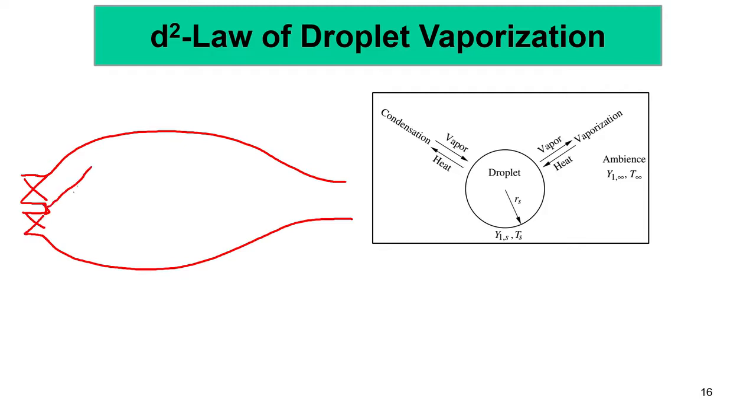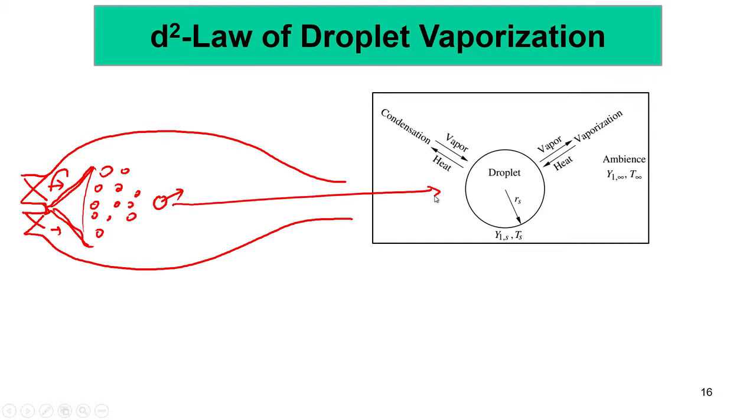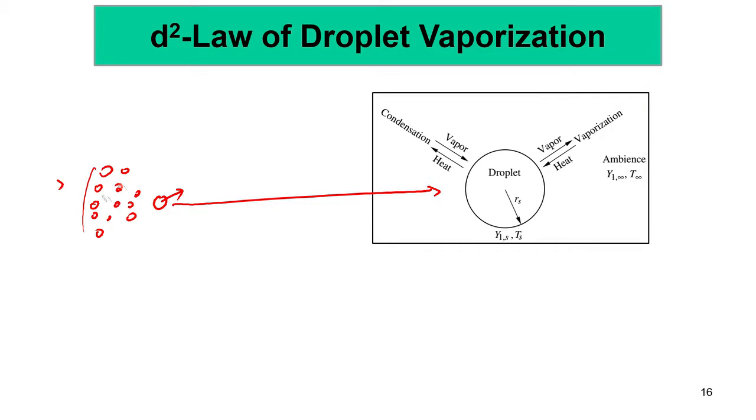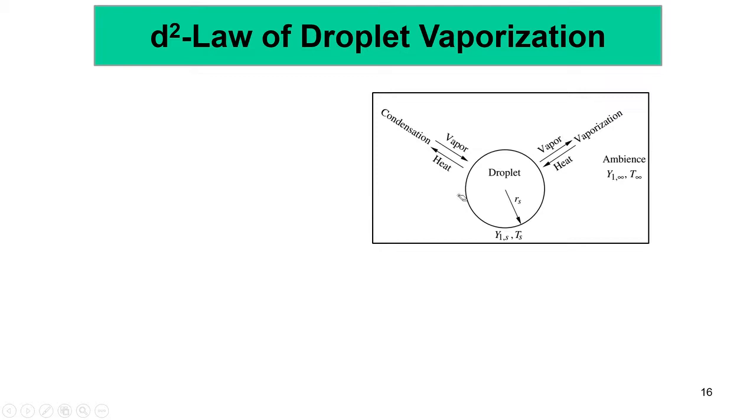So, your liquid is injected like this, the spray is formed like this, where the air comes in swirling, and the spray comes along like this, and then these sprays will break up and droplets will form. Different droplets of different sizes will form, and each of these droplets will undergo evaporation, and the mechanism and the heat and mass transfer associated with it, that we will take up in this class.